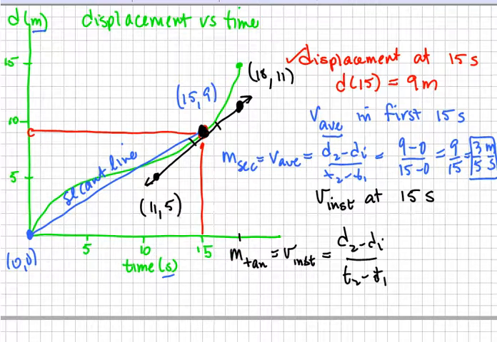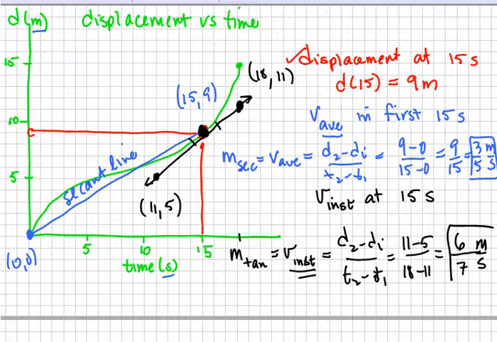So that means my slope is 11 minus 5 over 18 minus 11. 18 minus 11 is 7, and 11 minus 5 is 6, so the slope of my tangent line, which is my instantaneous velocity, is 6/7 meters per second.